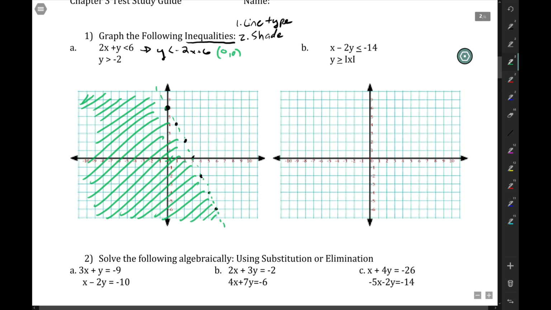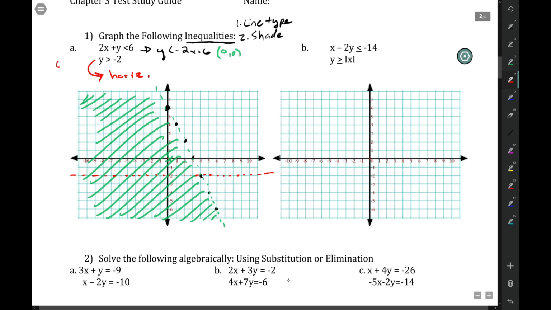Okay, now there's the first one. Thing to remember for this one, y is greater than negative 2. Y is a horizontal line. Okay, negative 2 is down here. I'm going to use a dashed line. Why? Because it's greater than without the equal to. And I want everything greater.